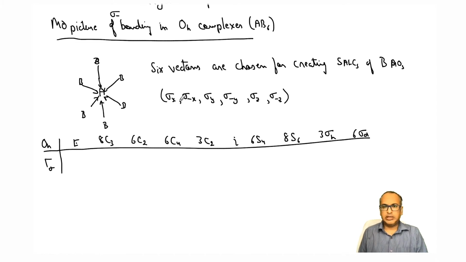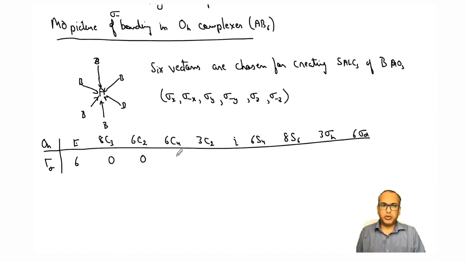Now if you consider these 6 basis vectors, and which vector moves and which does not move, use that principle to see what will be the trace under this reducible representation. So E will have 6, because this will be a 6 by 6 matrix. C3, everything will move, so 0. C2, everything will move, so 0.